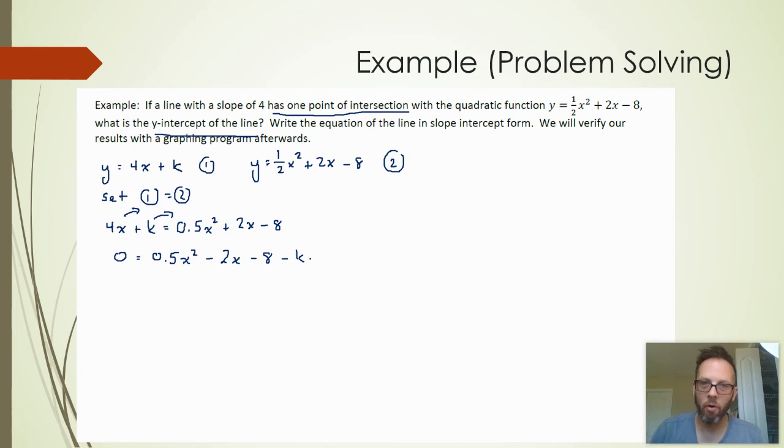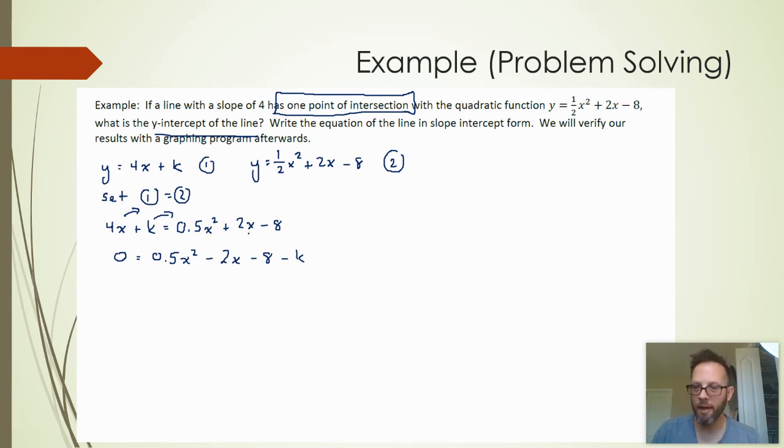So you might be wondering, how are we going to finish this off? Because we have a quadratic equation here, but we have two things we don't know, right? We have x and k. Well, remember, we are told one extra piece of info, that this has one point of intersection. So here's the key to this problem.